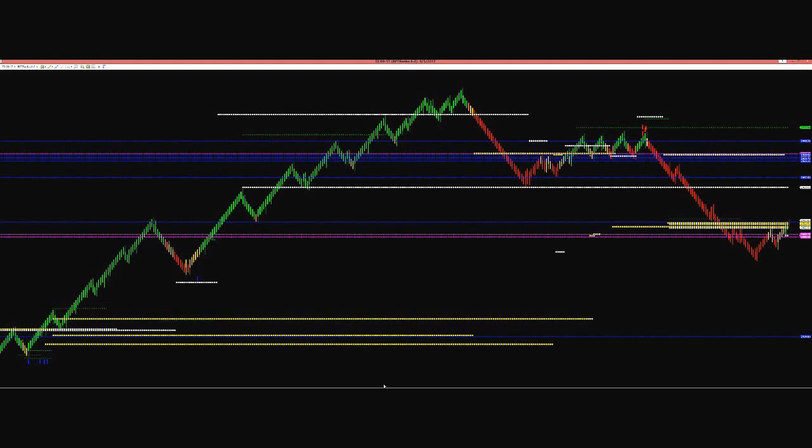So I cannot put the zone in this area, because what you see is what you get, folks. Those are only the fibs and the projection, and there is no auto trade. But you can use any kind of your favorite Renko bar for reversal, or if you know how to trade with the trend on a Renko bar, be my guest. But for me, I use the Renko bar for reversal.